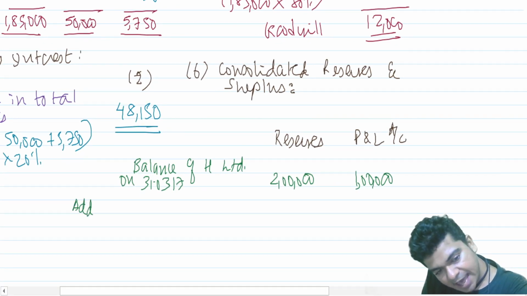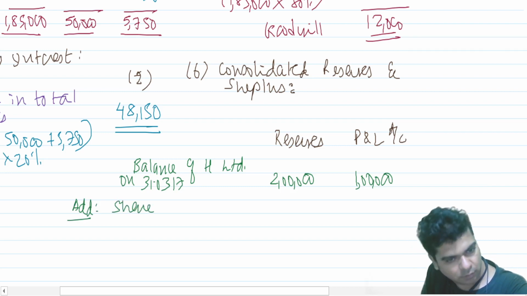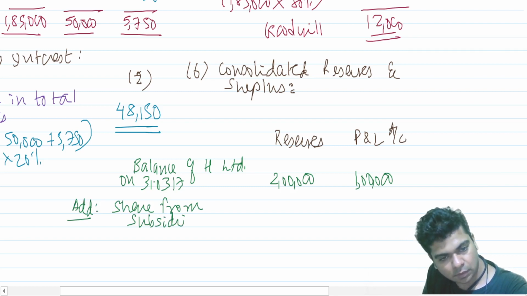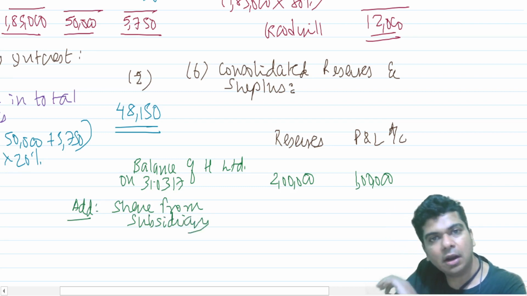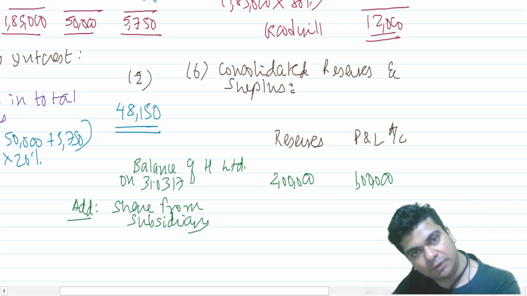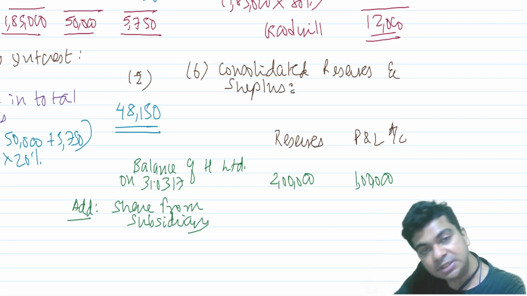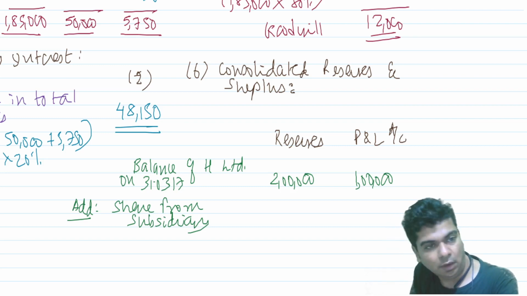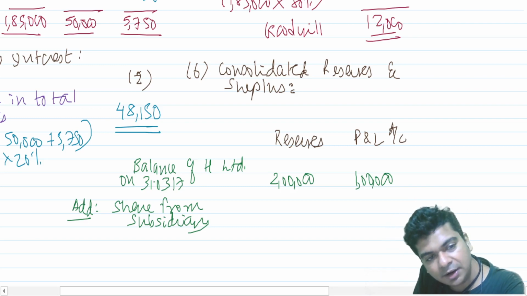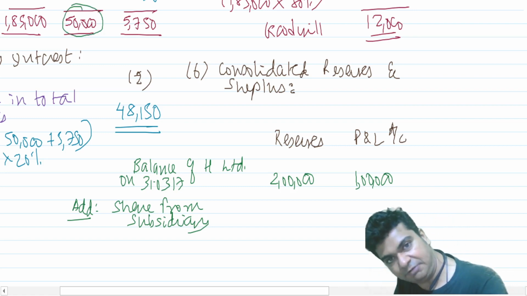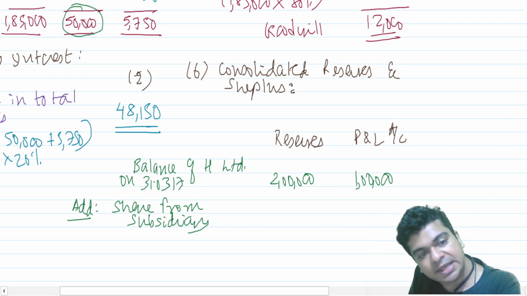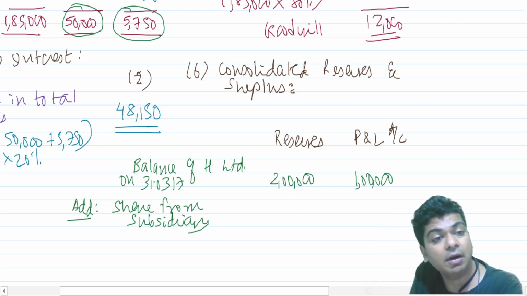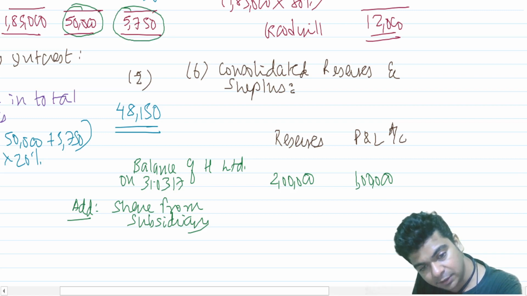To this we will add share from subsidiary. Parent has a right to participate in the reserves and the P&L which the subsidiary has earned after 1st April 2016. The subsidiary has earned 50,000 after we acquired the shares. The subsidiary has earned 5750 after we acquired the shares. We have a right to participate in it.